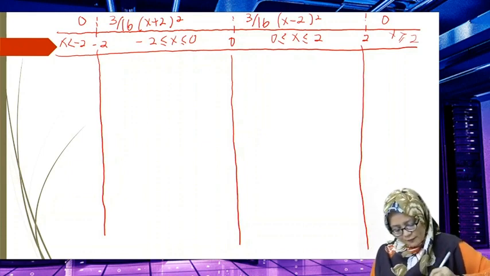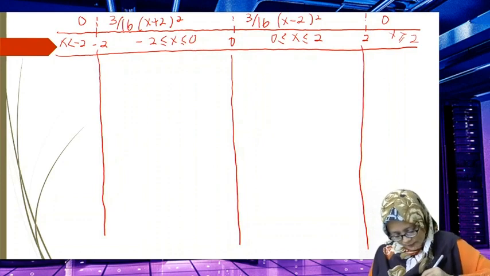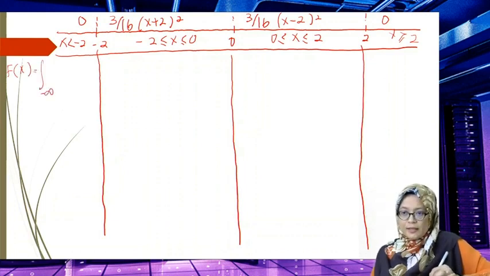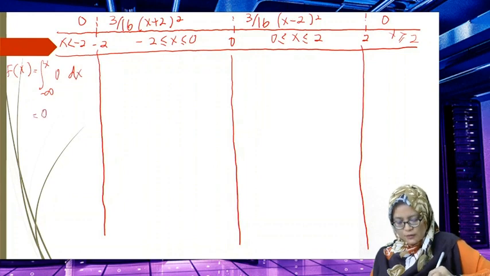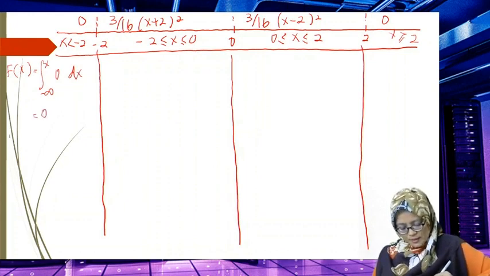Okay, so for the first interval of fx, we will integrate from negative infinity to x. The function is 0 dx. So this gives 0, which means your cumulative fx is 0.